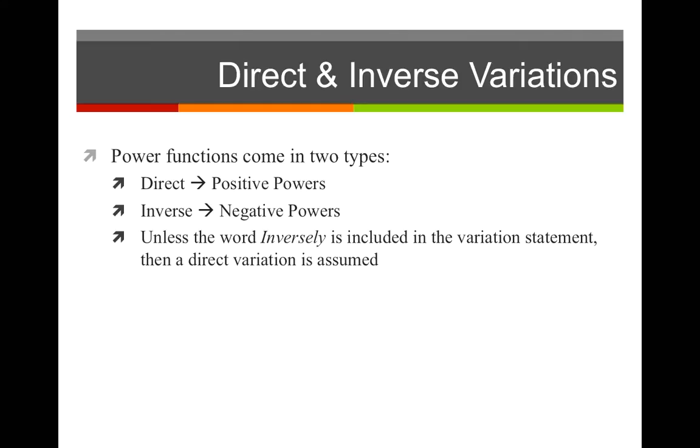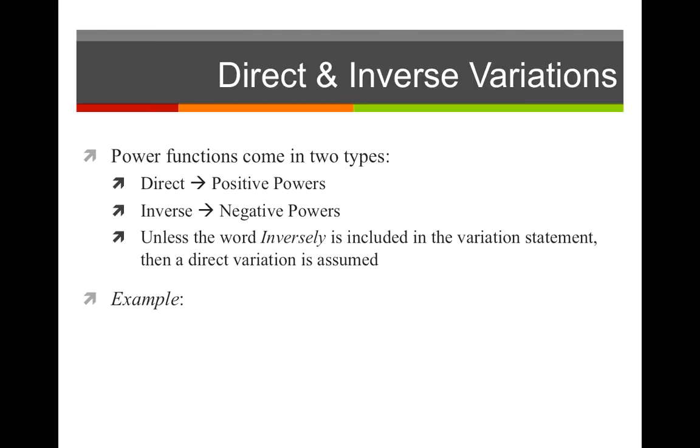When you look at the word problems in this particular section that ask you to write the variation equation, if they don't use the word inverse or inversely, it's assumed that we're talking about a direct variation. And that's just how we're going to be doing it in this particular textbook.